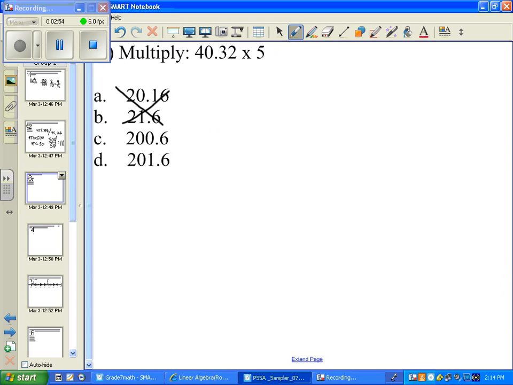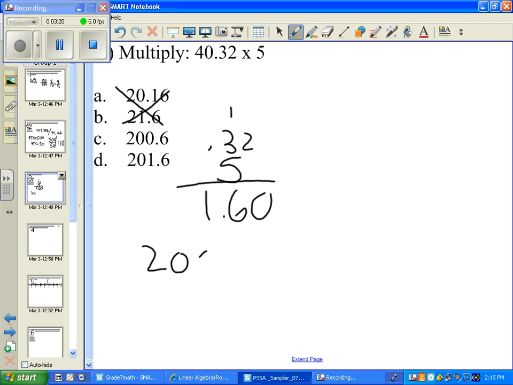But 5 times 0.32 is going to be 1.6. So we can add that: 5 times 40 is 200 and add 1.6.